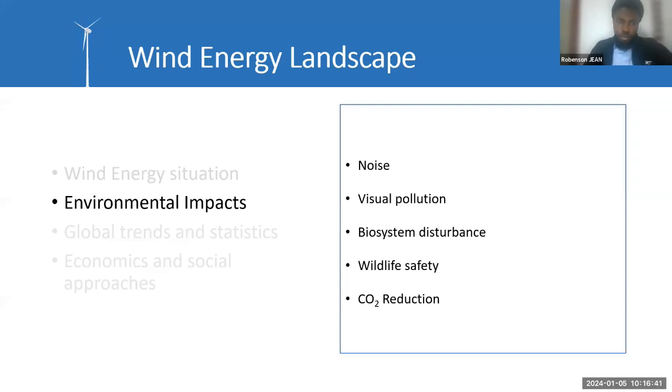When I say offshore wind power plant, it is a wind power plant that is located in the sea area.